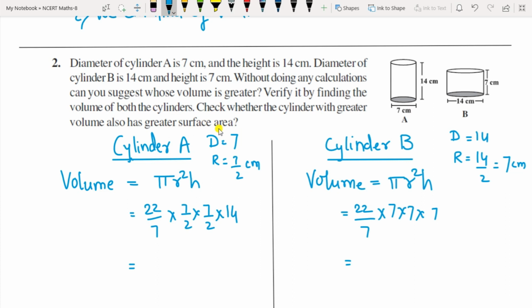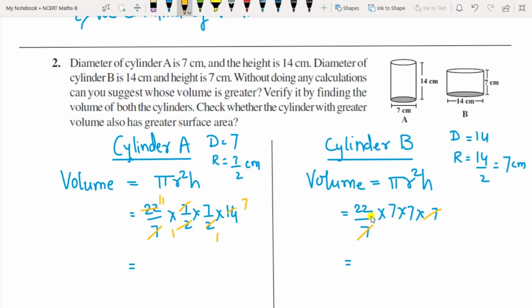The formula for volume is pi r square h, that is 22 by 7 into 7 by 2 into 7 by 2 into height 14. You can cancel here, so 7 will get cancelled.